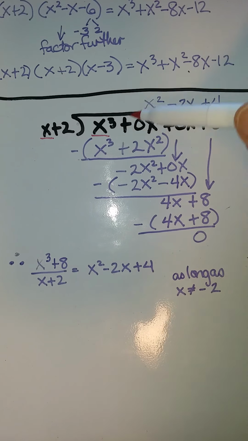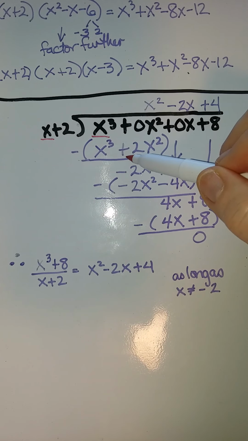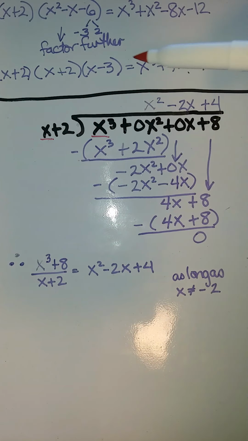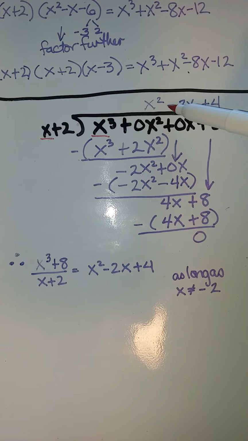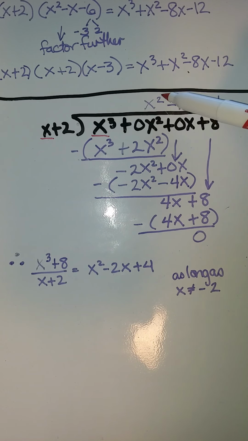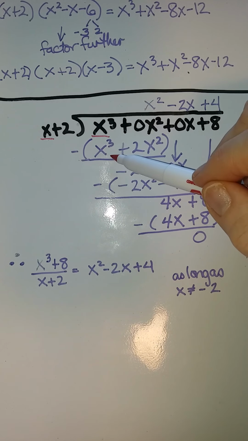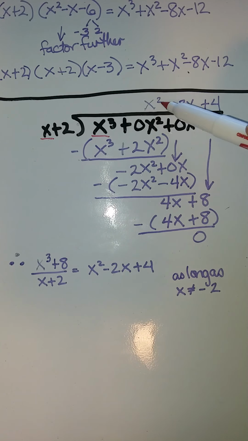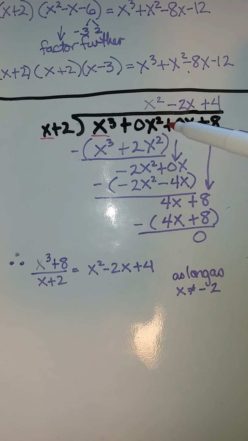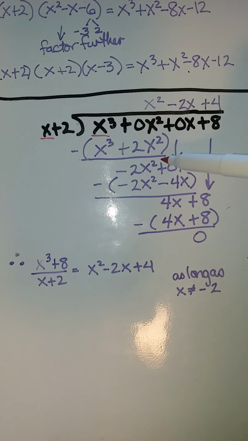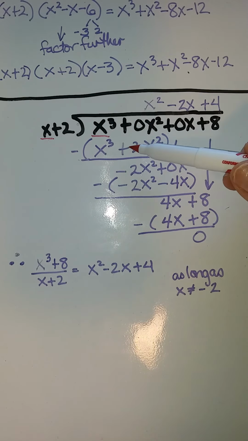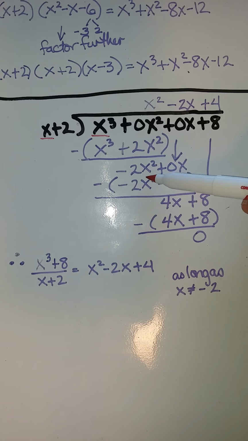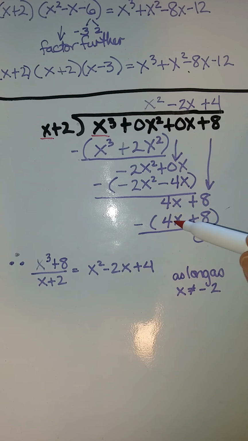So here we are. Let's look at these leading factors. X to the third. How do I get there from x? Well, I multiply by x squared, but I'm not just going to come up with x cubed, I'm going to have to multiply this by 2, so it's going to be plus 2x squared. I remember that this whole packaged up binomial gets subtracted, so this is a negative now, and that's how I come up with negative 2x squared.